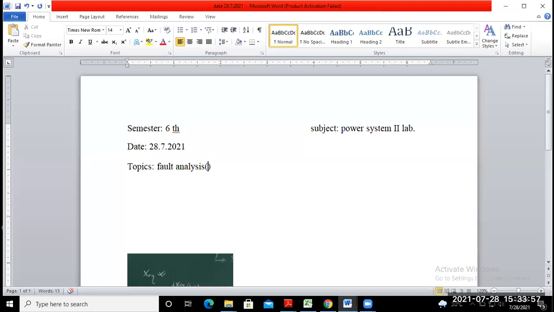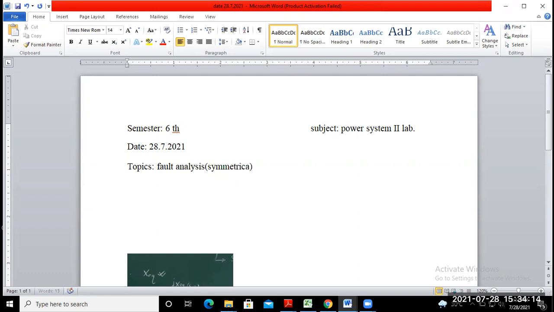We know that the faults that occur in the power system are of two types. One is the symmetrical type, and another is the unsymmetrical type. Okay. So today we are going to discuss the symmetrical type.